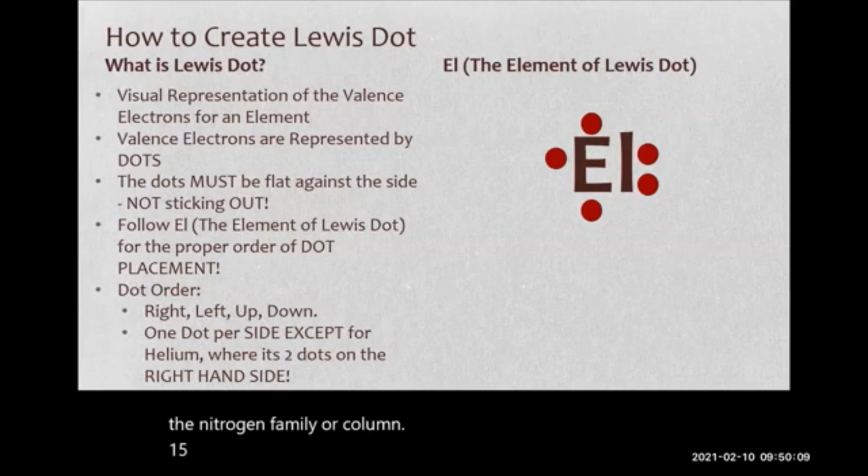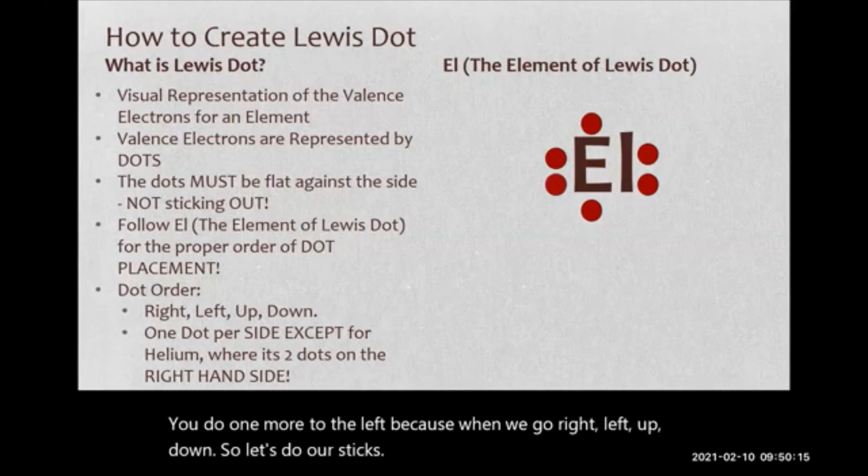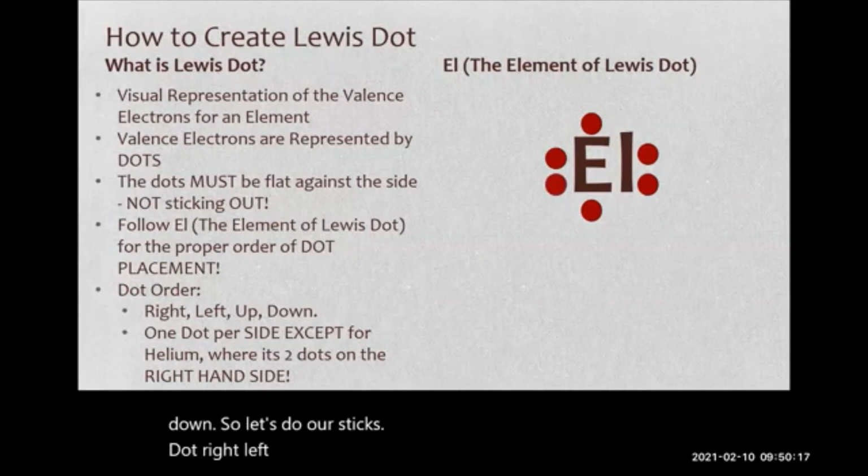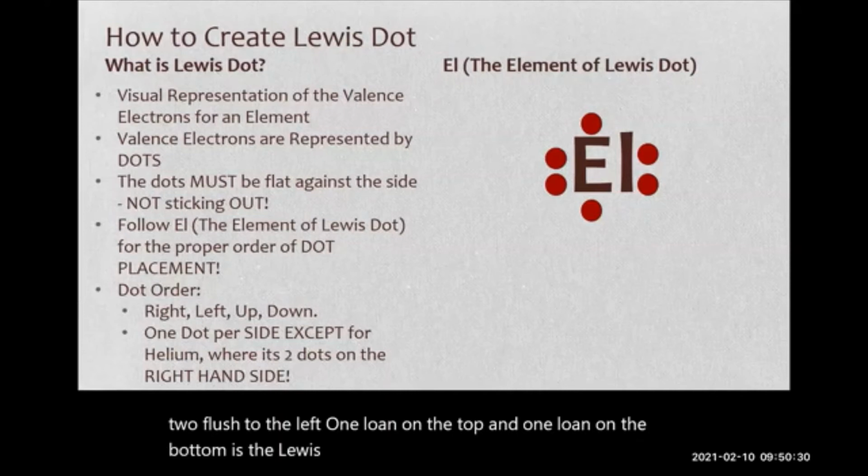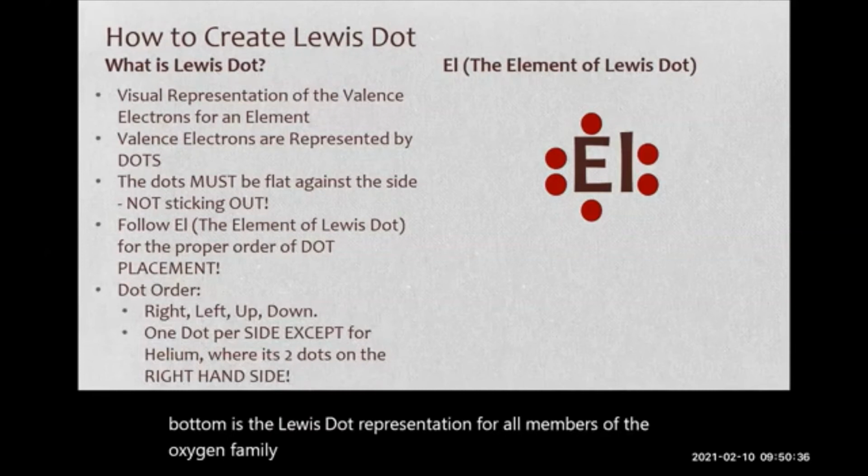You do 1 more to the left, because remember you go right, left, up, down. So let's do our 6th dot, right, left, up, down. So this dot here with 2 flush to the right, 2 flush to the left, 1 lone on the top and 1 lone on the bottom is the Lewis dot representation for all members of the oxygen family, or column 16.